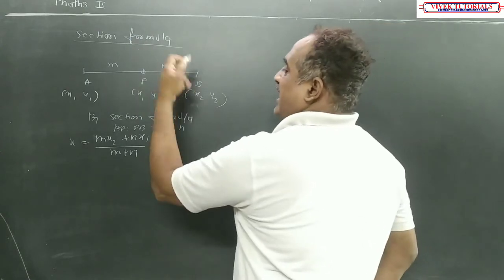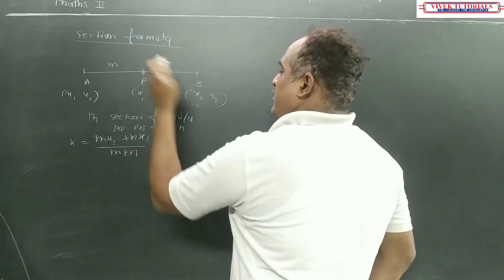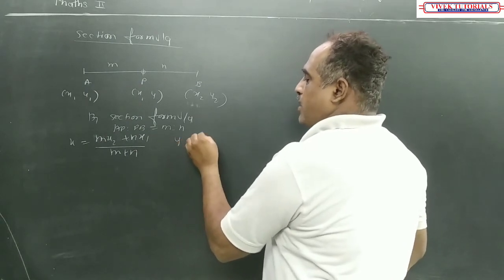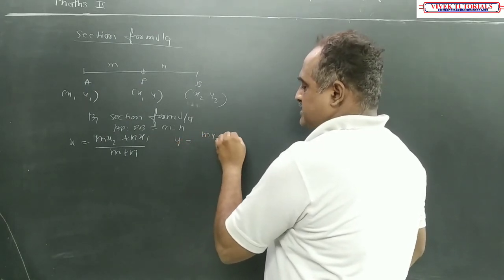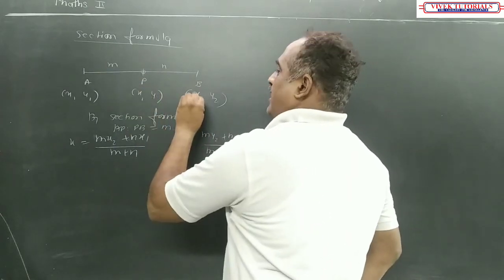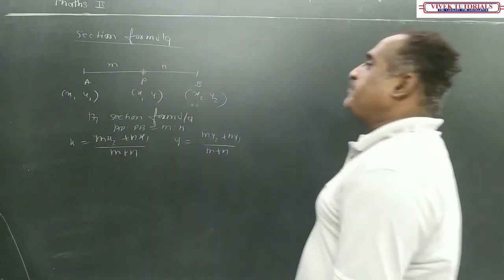And y is equal to (m y2 plus n y1) upon m plus n. M is here so take x2, N is here so take x1.